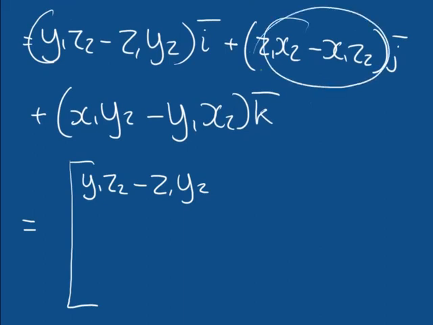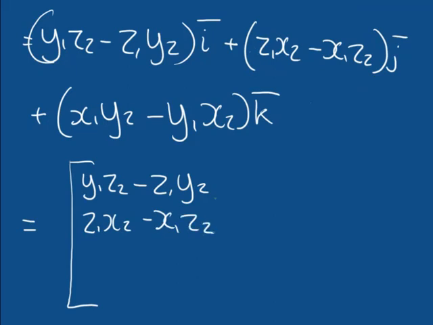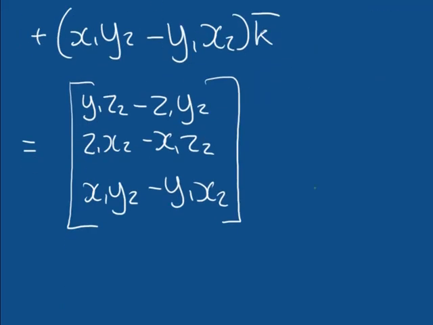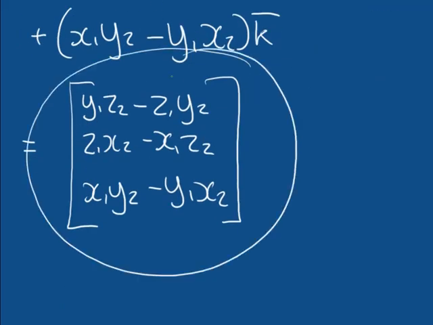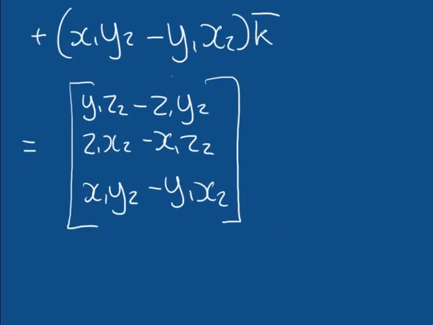This scalar value is our y component, so z1 x2 minus x1 z2. And this scalar value right here is our z component, so x1 y2 minus y1 x2. This right here is the component definition of the cross product.